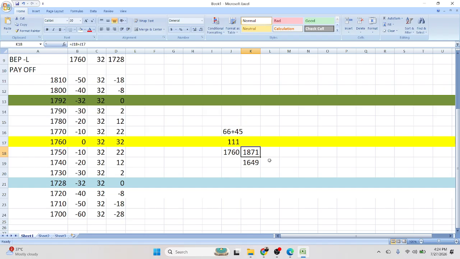So if the stock remains in this region, we have a more than 100 point range. If the stock doesn't move more than 100 points in any direction, and you buy the same strategy for the next month, today as well, and the market remains in this region, then you can make a profit up to 111 points.